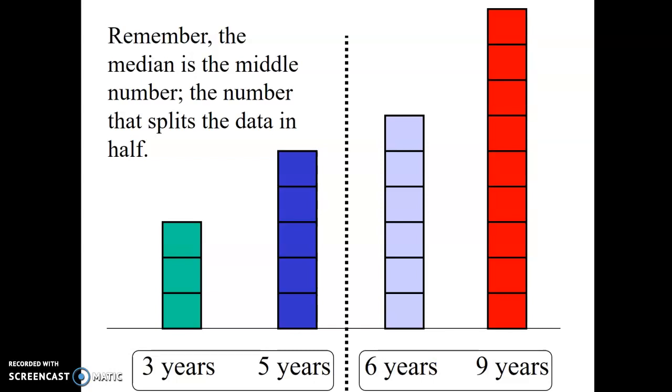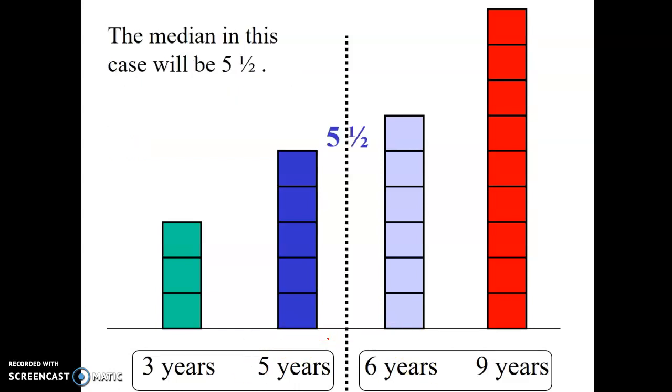So the median is that dotted line. You have children to the left and children to the right. But what's the median? What age would come between 5 and 6 years? Well, in this case, it's 5.5. 5.5 comes right between the data item directly to the left and directly to the right of the center.